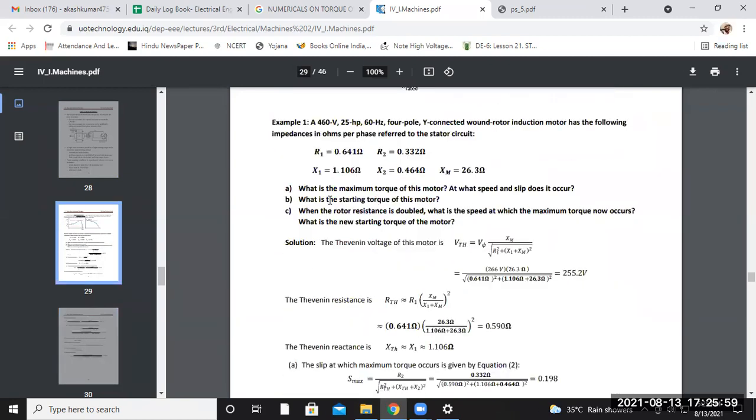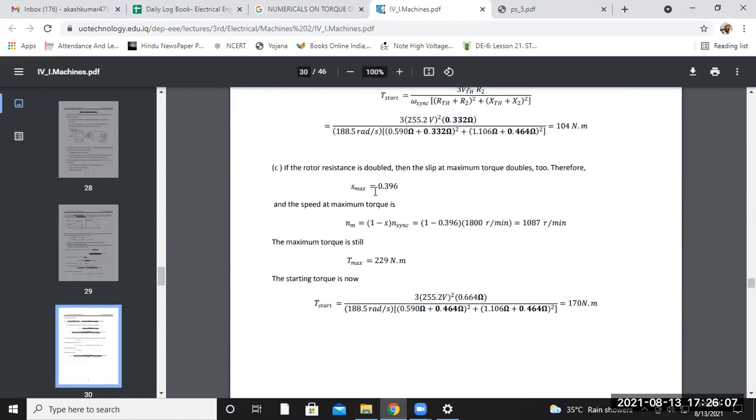The third part we have to calculate is when the rotor resistance is doubled. That means R2 becomes 2R2. What is the speed at which the maximum torque now occurs? In the case when rotor resistance becomes double, the slip at maximum torque doubles too.